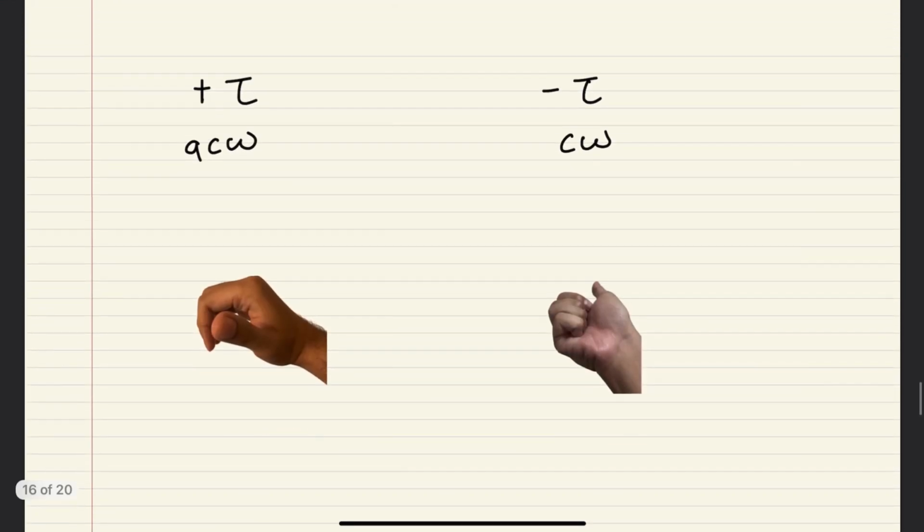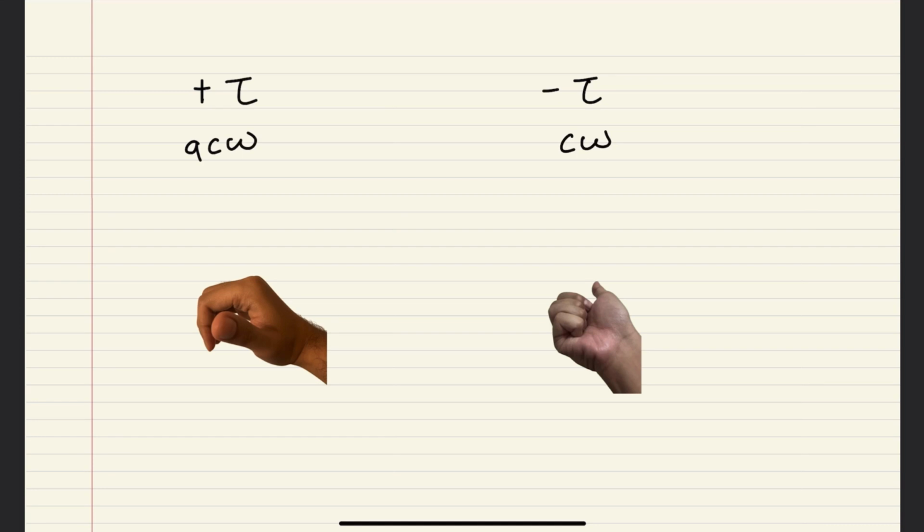And then torque, because it has a direction, obviously it has positive and negative. If you want to determine whether force is positive or negative, simply, force to the right and force upward is positive, force to the left and force downward is negative. And similar to force, for torque we have clockwise and anti-clockwise.